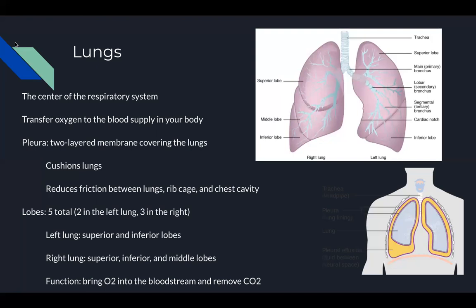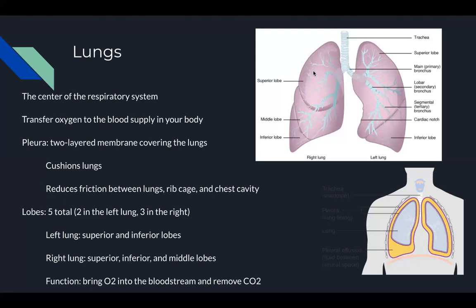So yeah, that is why your pleura is very important. Regarding your actual lungs, you have 5 lobes, 2 in your left, 3 in the right. I'm not sure why it's uneven. You can see that in the picture here. Your left lung has the superior and inferior lobes. The superior one is at the top, the inferior one at the bottom, as you remember from terminology.